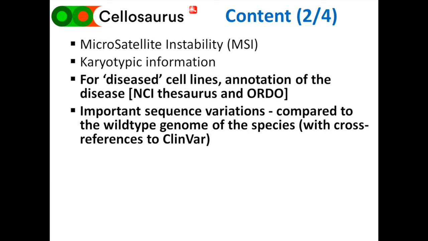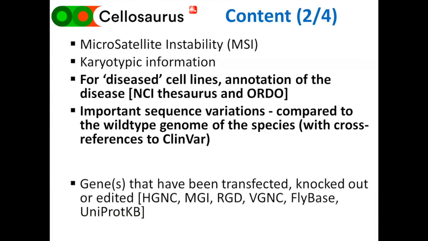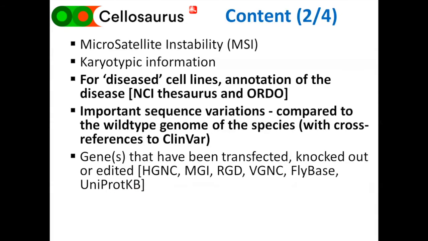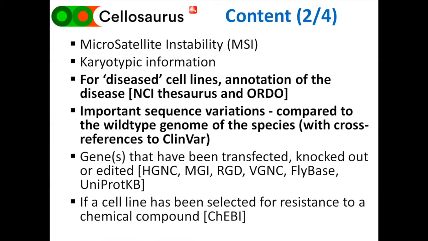For human, of course, it's compared to the human genome assembly, with cross-reference to ClinVar if those variations exist there. Then, for genes which have been transfected, knocked out, or edited, there is this information about the gene with cross-reference to databases, and resistance to chemical compounds.